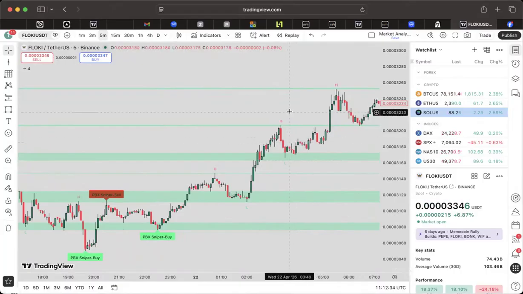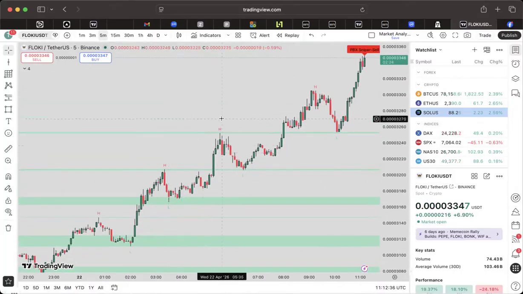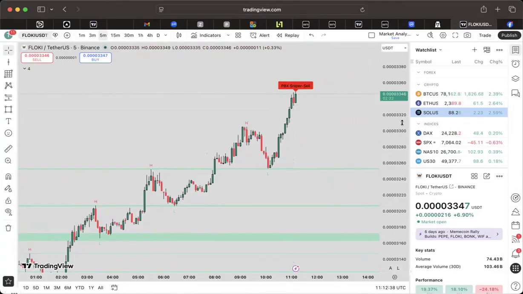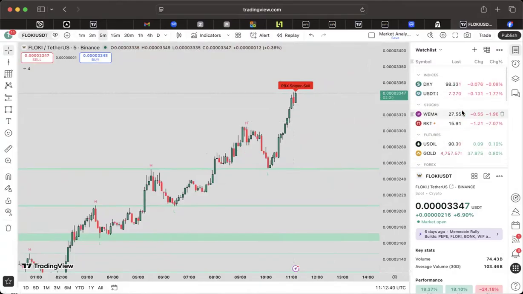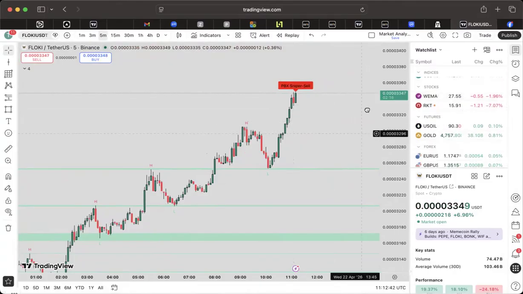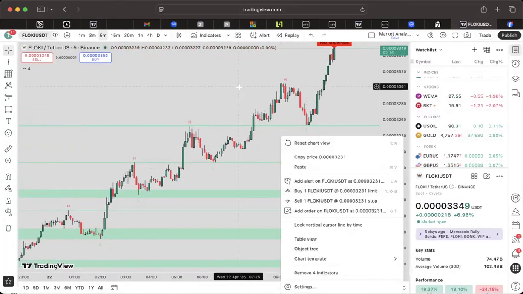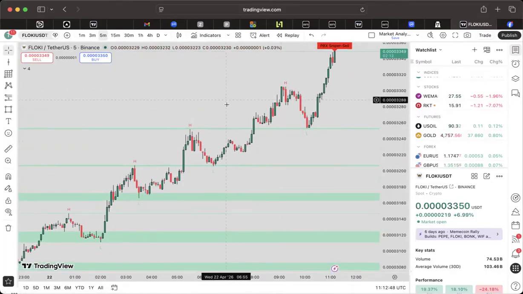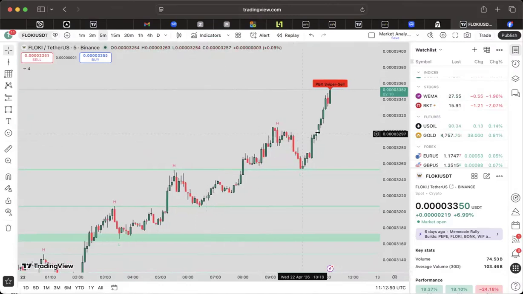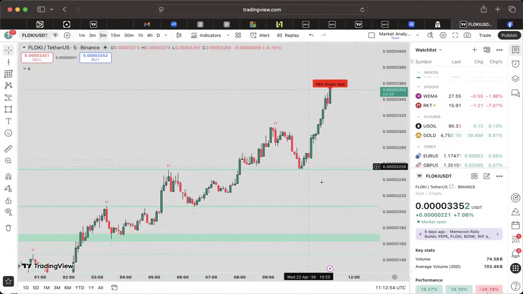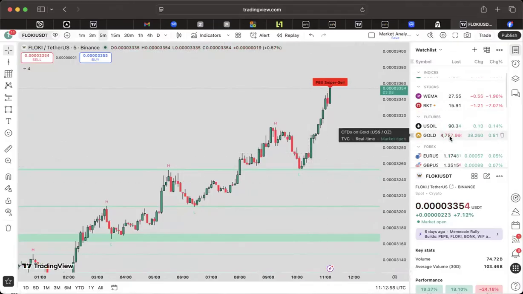So an entry here. So that's how you take the trade. It's not difficult, it's simple, straightforward. But for you to enjoy this type of momentum, you have to pick an instrument for the time being instead of jumping between different instruments. So you can see Floki, that's how to continue to buy. Then 1:2 risk reward is always your target. Then you are good to go.